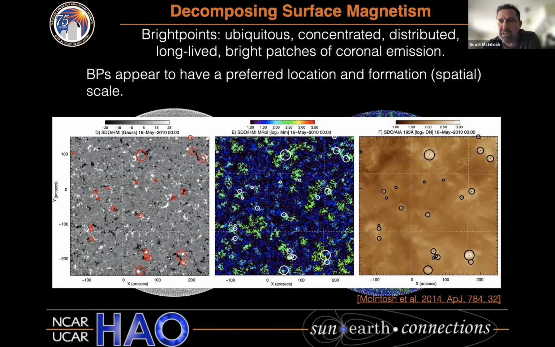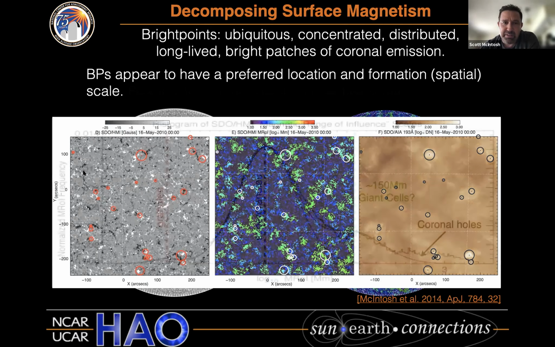But not every piece of black and white in that magnetogram has a bright point associated with it, which is kind of curious. And then I looked at the spatial pattern, and I won't get into how this is derived from the magnetogram, and found that there was a prevalent scale in which these things formed.